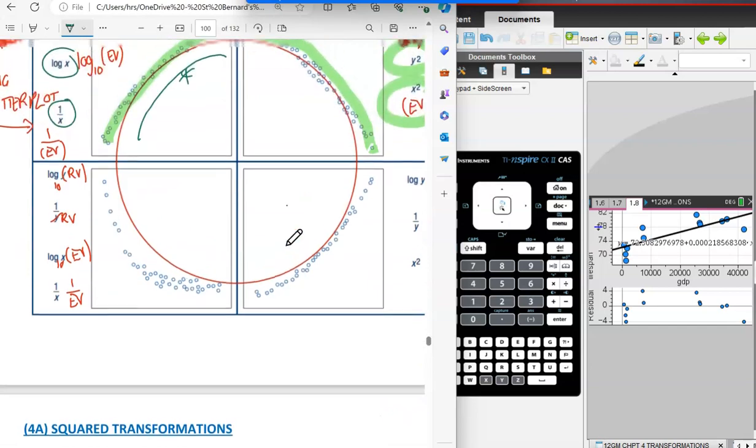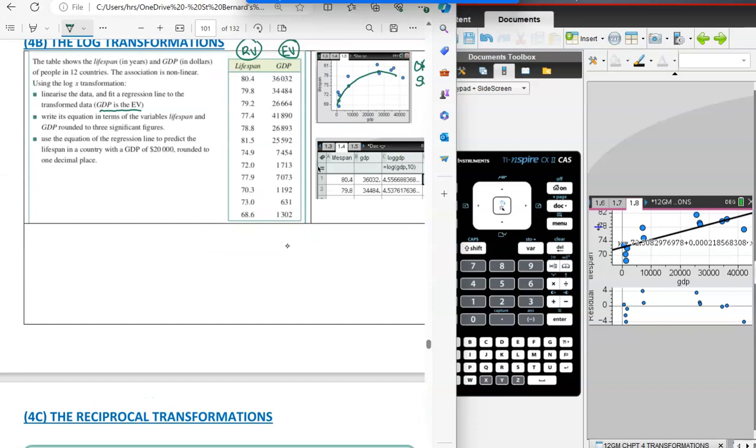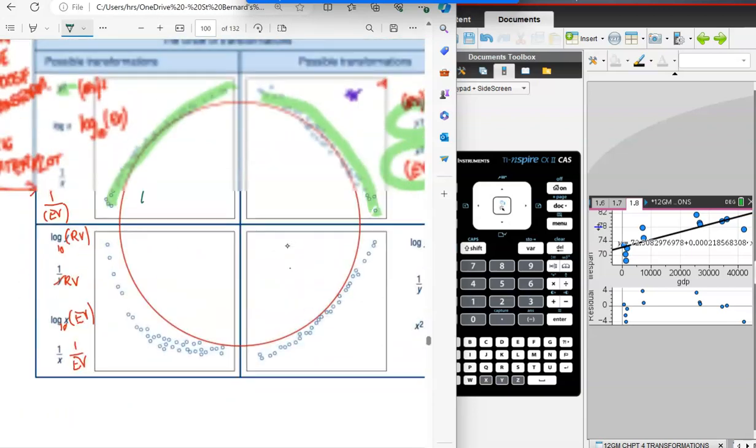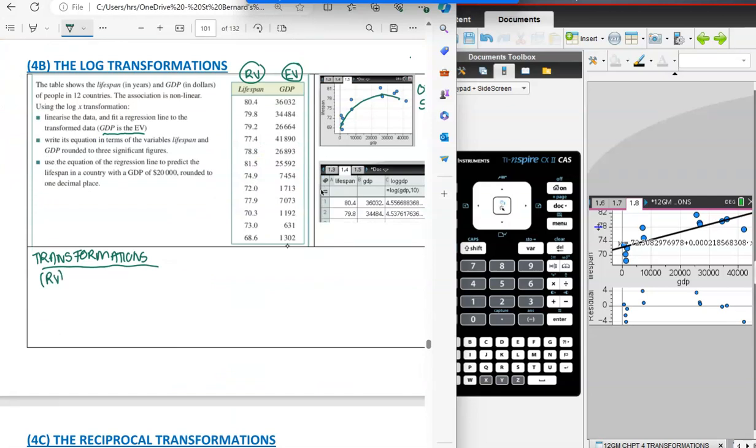I'll write it underneath here. Our transformations we could pick: an RV squared, a log 10 of EV, or a reciprocal of the EV. I think so, yes. All right.